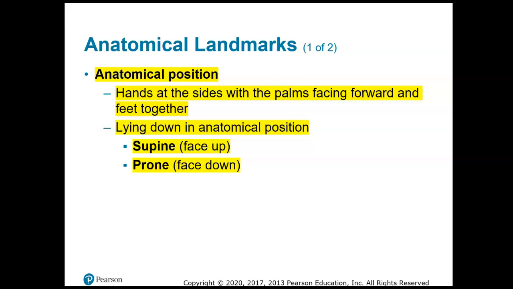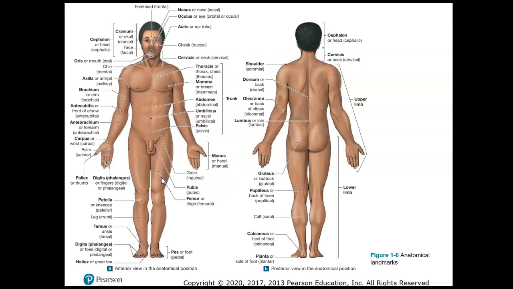When an individual person is in the anatomical position, they are standing up. Their hands are at their sides, the palms are facing forward, and their feet are together. And then if the person is lying down in the anatomical position, face up is supine, face down is prone.